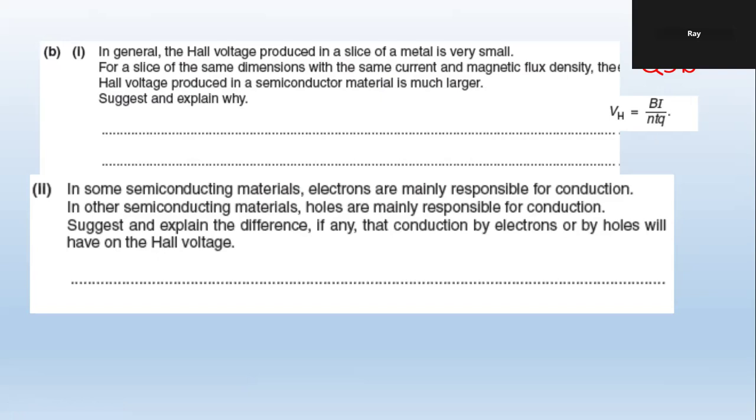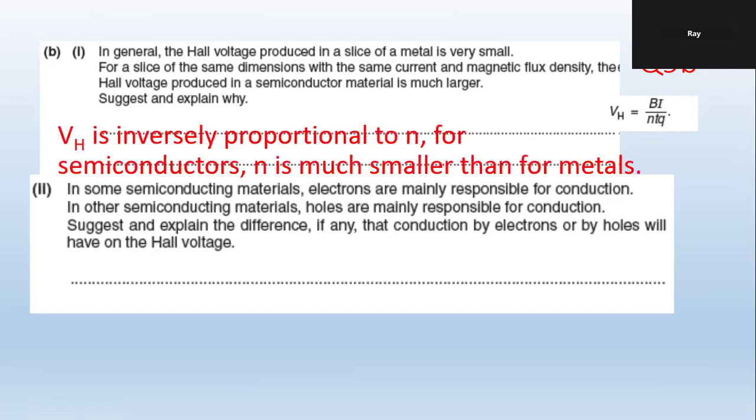Hall voltage is inversely proportional to N, the density. But you haven't explained completely. N in a semiconductor is smaller. VH is inversely proportional to N. For a semiconductor, N is much smaller than that for metal.